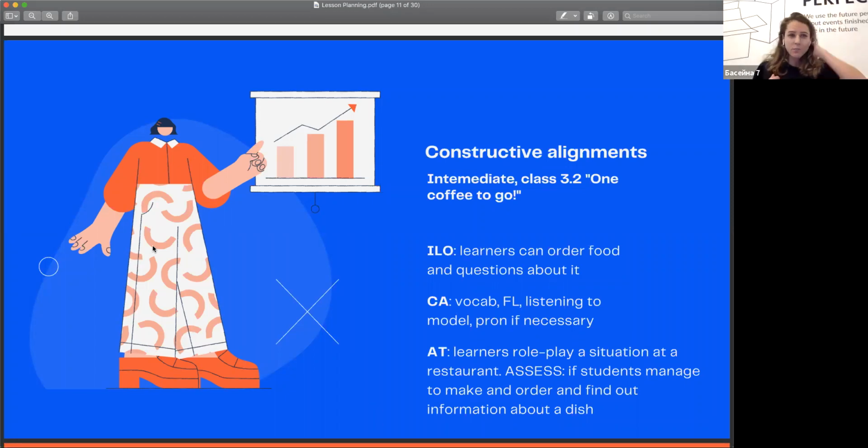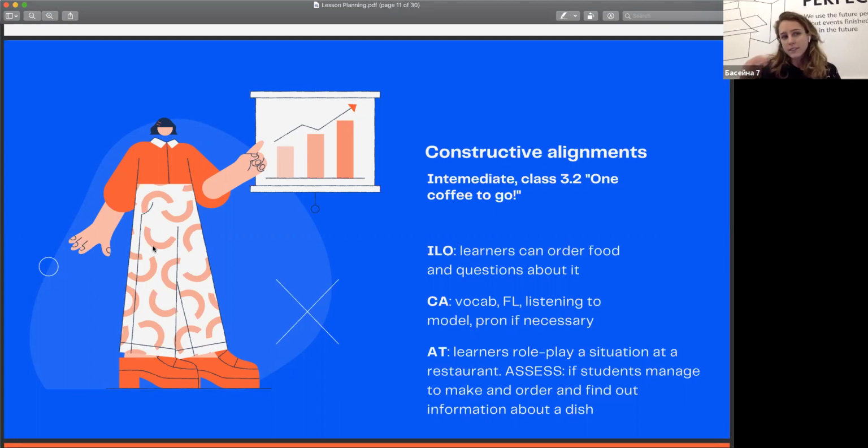My piece of advice at this point is when you plan how you will assess these intended learning outcomes, try to come up with some specific achievements that you want to observe. For example, students use minimum 3 phrases to express their opinion, to make an order.